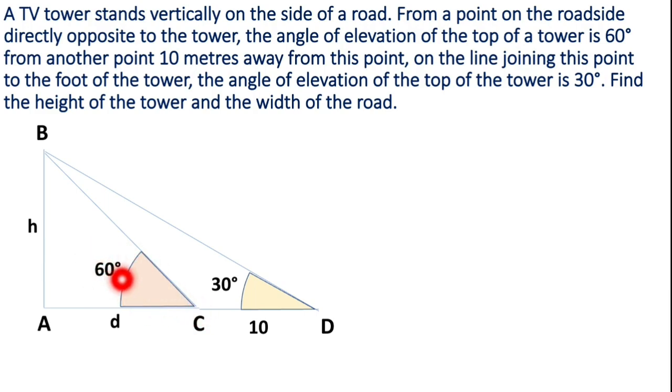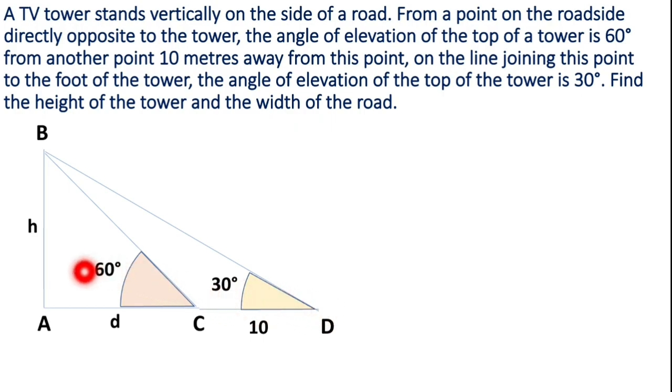Then observe that clearly, AB becomes opposite side and AC becomes adjacent side. And there is another right angle triangle that is BAD. Observe this BAD. So here in case of BAD the angle is at D, which is 30 degrees. Based on this AB becomes the opposite side and AD becomes adjacent side.